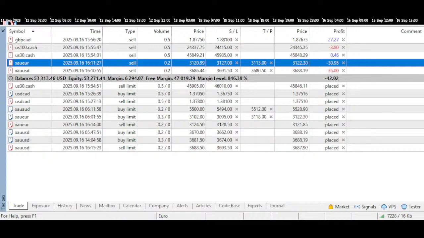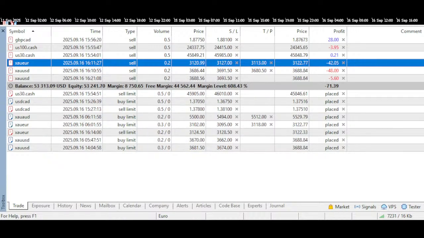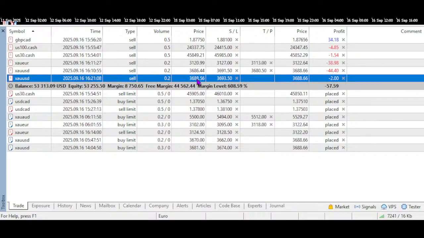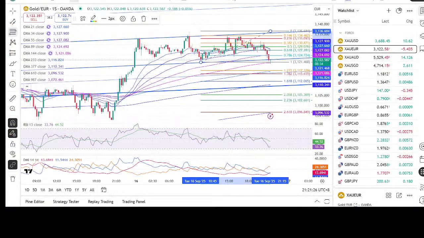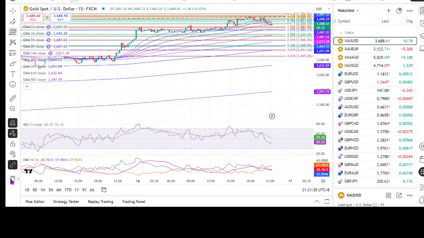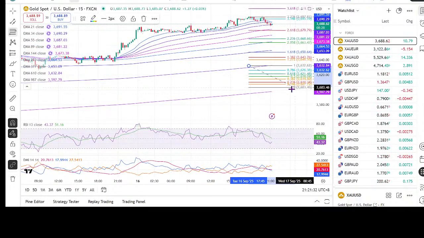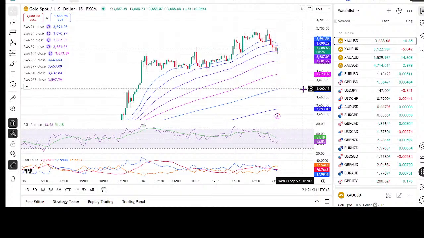Of course, if it goes beyond 91 and 92, then our view is wrong. Now we had our second entry fail on the gold US. So let's stay focused and see how this market is responding.